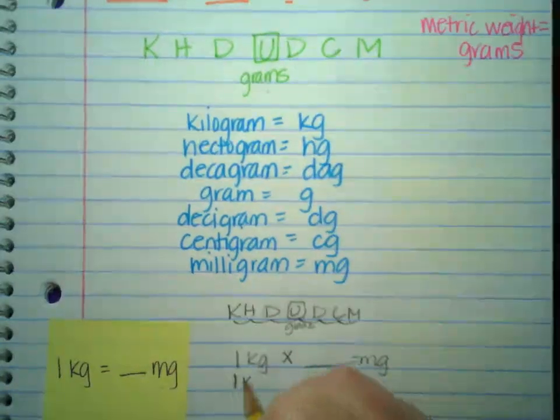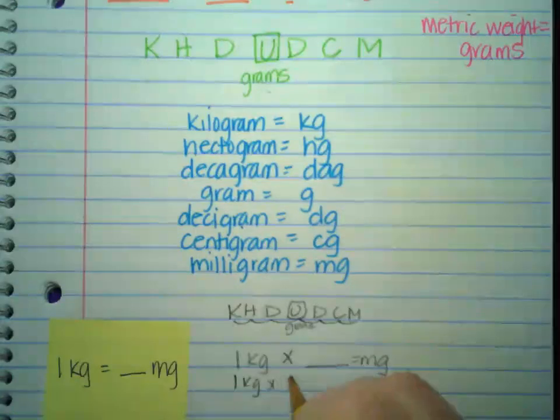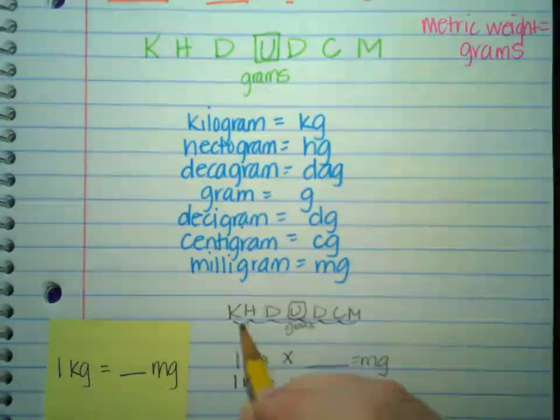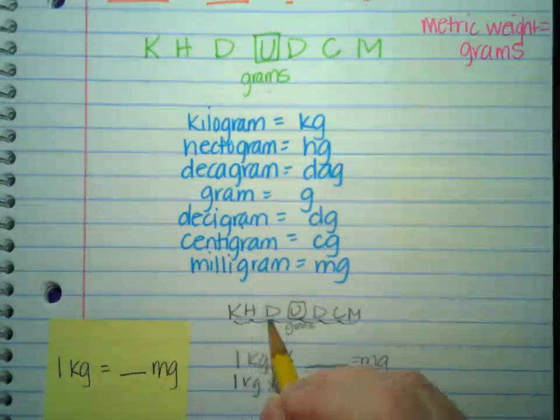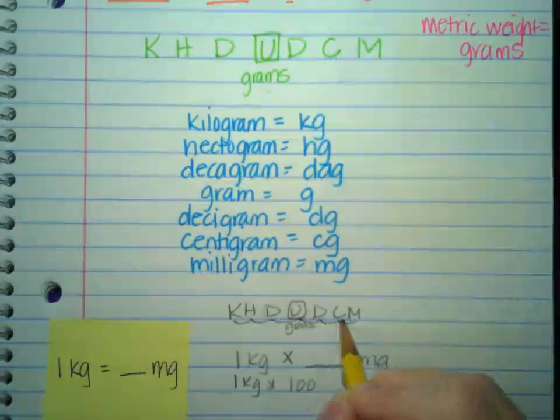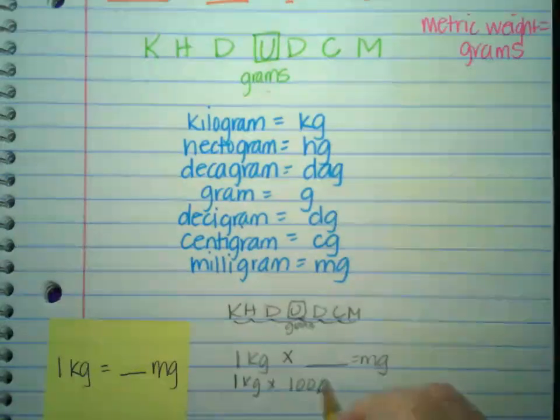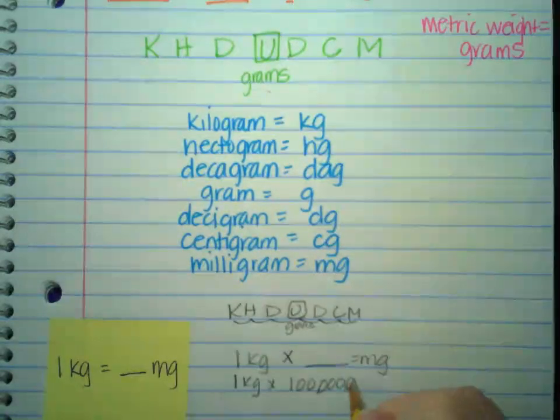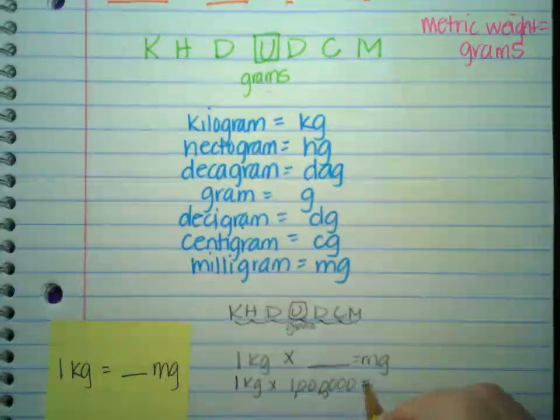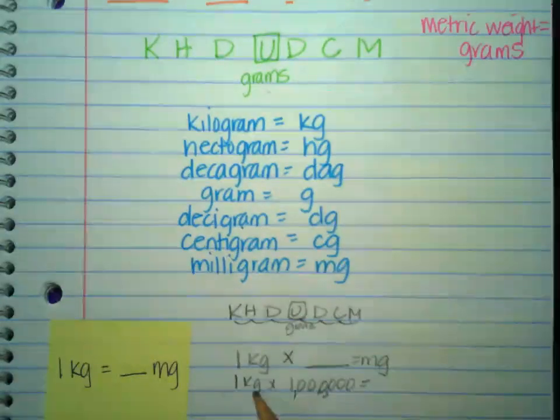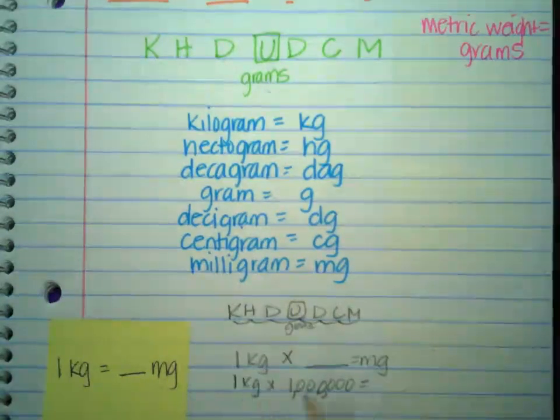So I'm going to do 1 kilogram times, wait a minute, 10, 100, 1,000, 10,000. That's right. So 1 kilogram times 1 million. Well, what's 1 times 1 million?